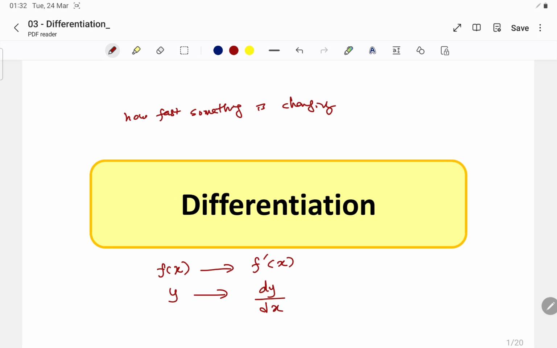So this is what we call differentiation. You have the prime on top, the apostrophe, f prime x. Or if you use y as your equation, when you differentiate it, it becomes dy/dx.